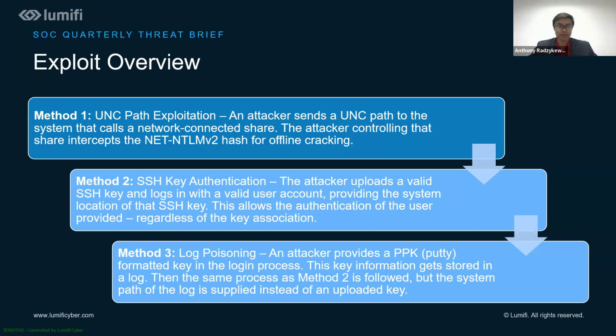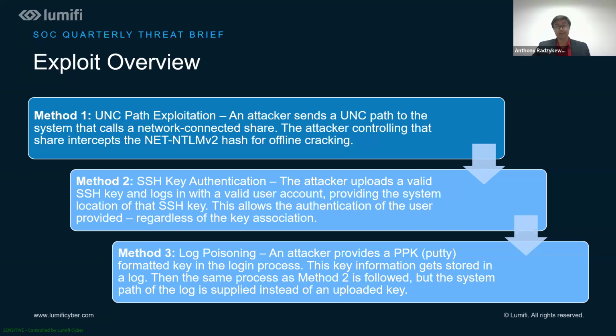But because we're poisoning a log, we can no longer specify an SSH key of any format, right? You might have done RSA keys before, or maybe you're doing elliptic curve keys. These are pretty common when we're dealing with SSH. However, this one specifically has to be in a PPK format.